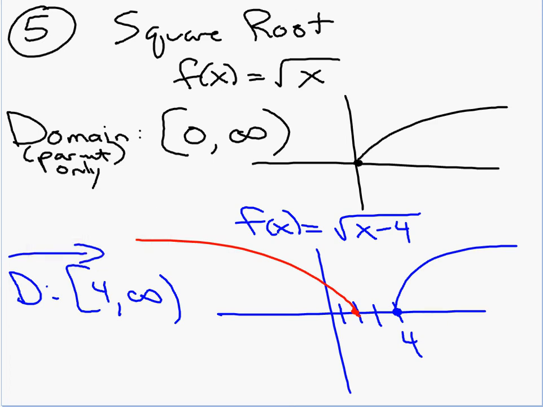Now, what would the range be for the parent function? Wouldn't it be 0 to infinity also? Okay. One other thing about these is they can also be moved up or down.